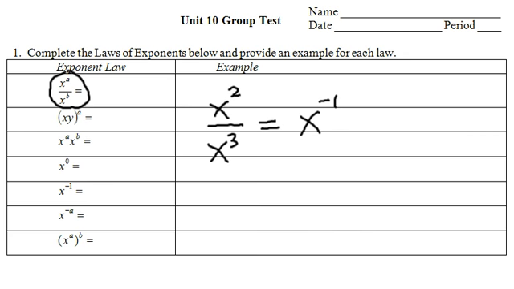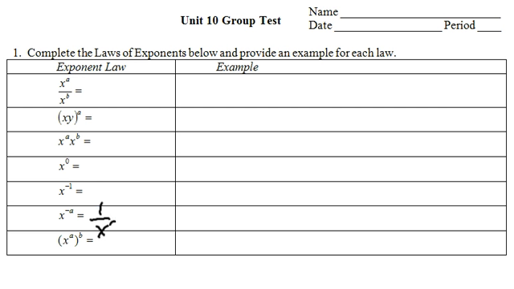If we know that negative powers are reciprocals, check this out. X to the power of negative a is simply the reciprocal of x to the power of a, because the negative part of the problem means reciprocal. So x to the negative a, the negative just means reciprocal, and so you'd have 1 over x to the a.